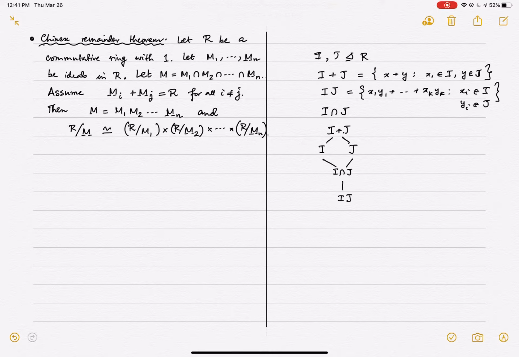And if you apply this just to the case of integers, you get something rather interesting. We'll see that, which is actually originally called the Chinese remainder theorem.